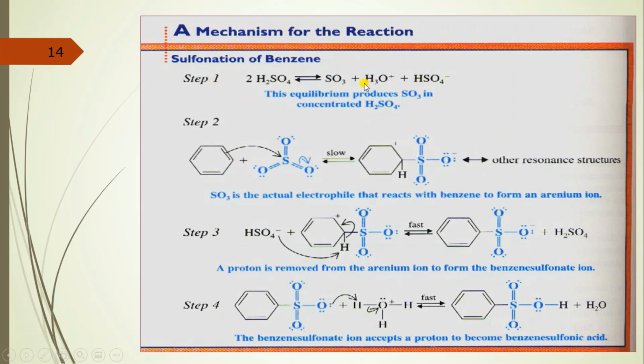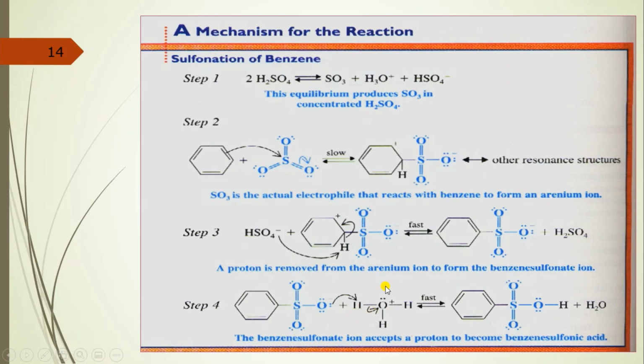Second step is the reaction of benzene with SO3, with formation of the resonance intermediate. Third step is the regain of aromaticity, and the fourth step, of course, is the abstraction of a proton by this O negative. So altogether these are four steps.